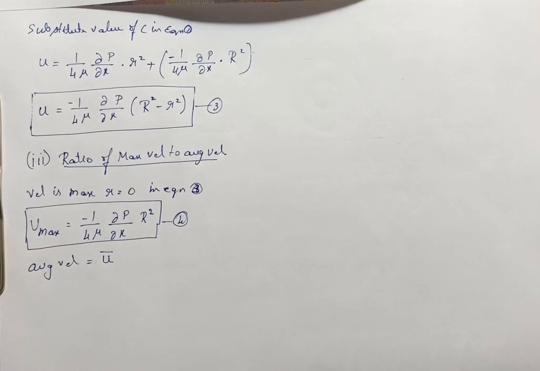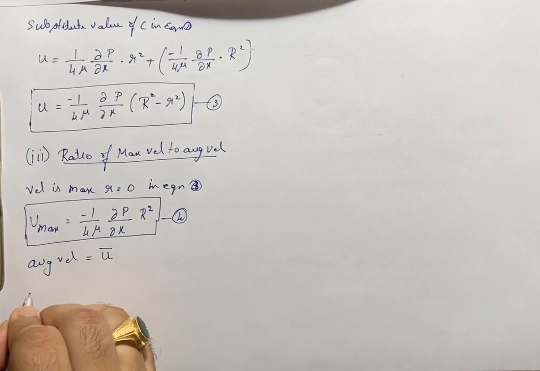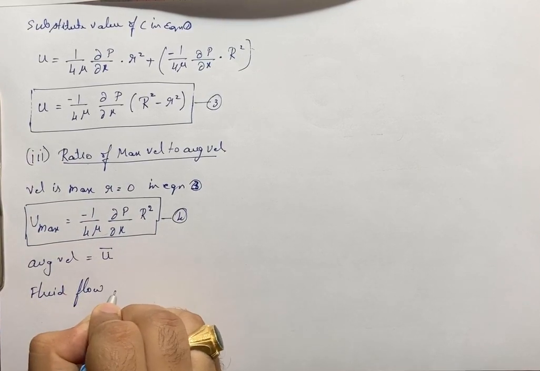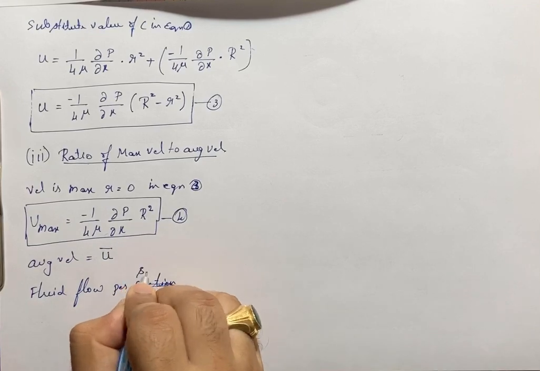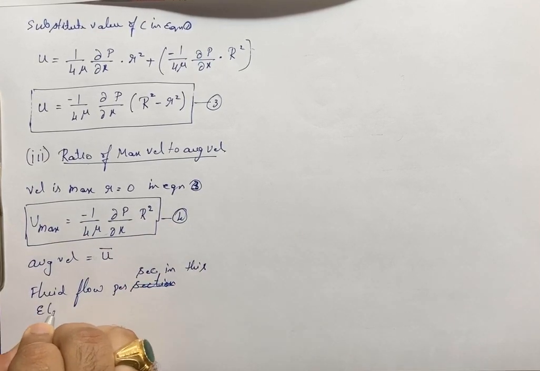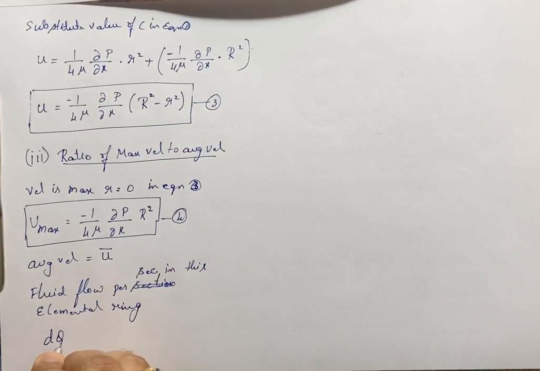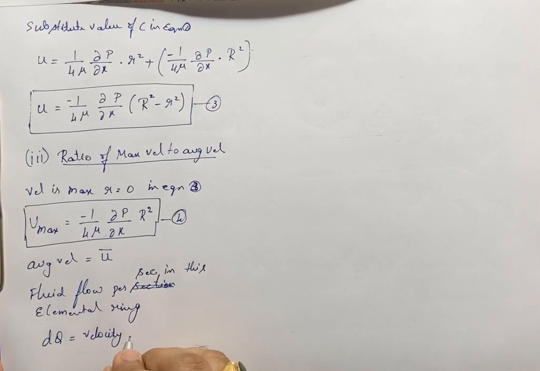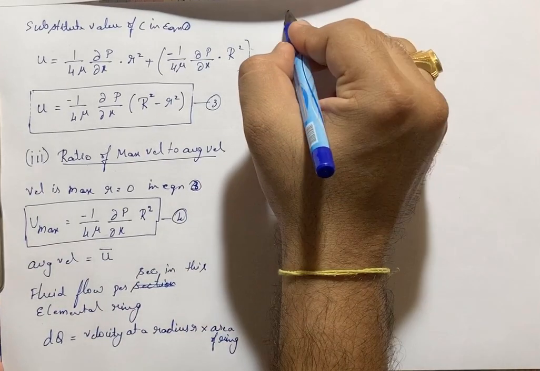Now the fluid flow per second in this elemental ring, I will take as discharge dq. It is the velocity at a radius r into the area of the ring element.